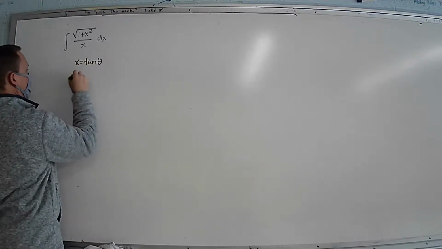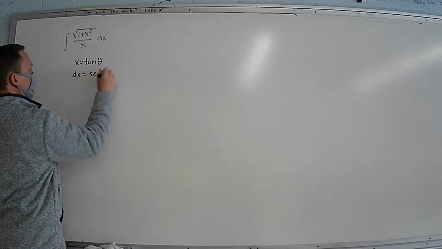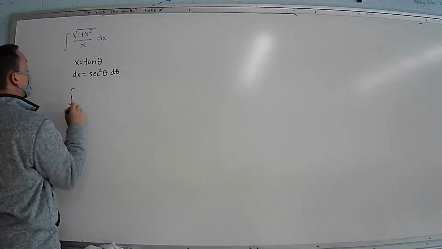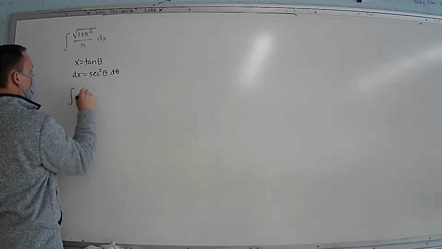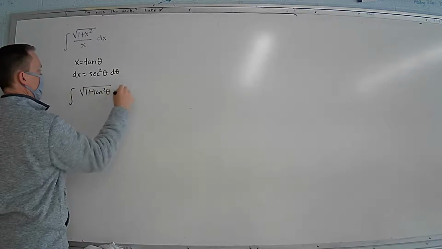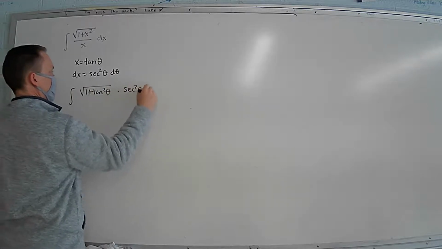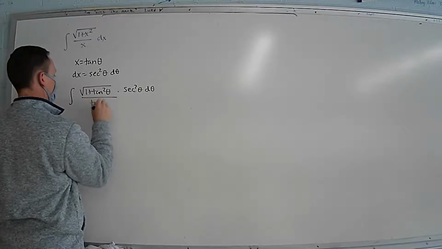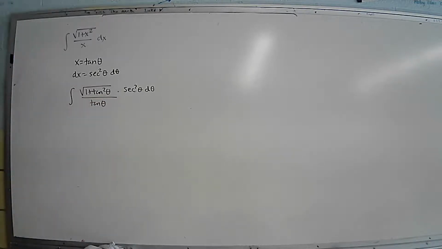So dx is secant squared, right? So now I have the square root of 1 plus tangent squared times secant squared over tangent theta. Everybody good on that?